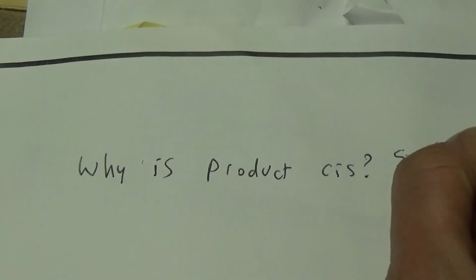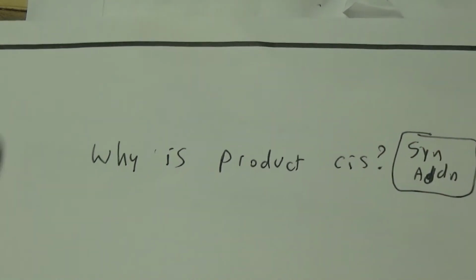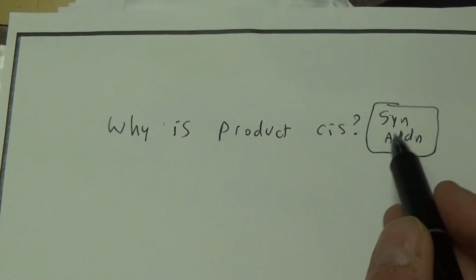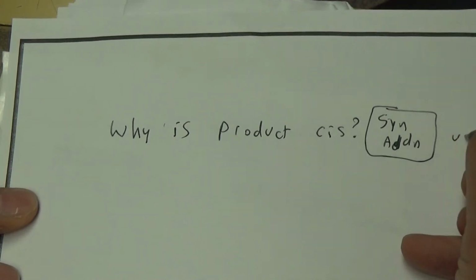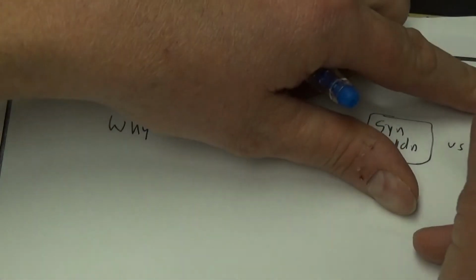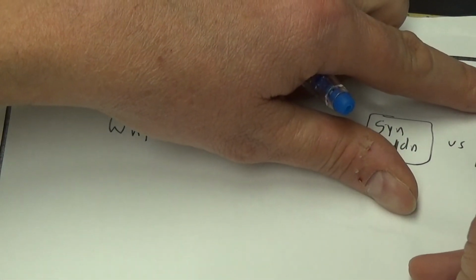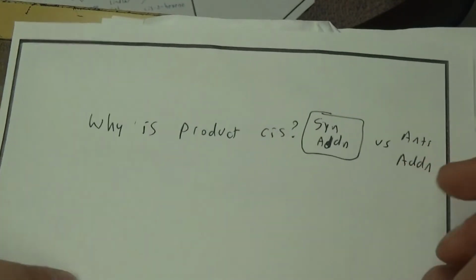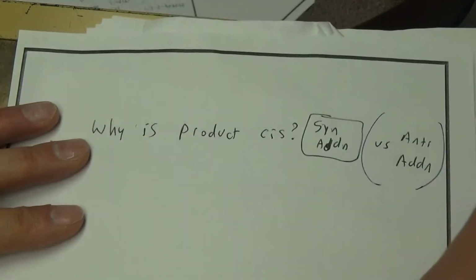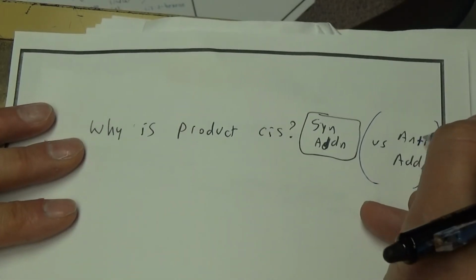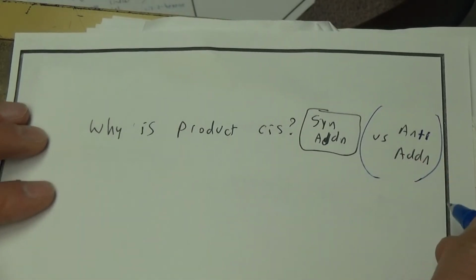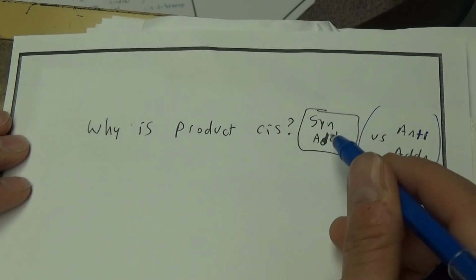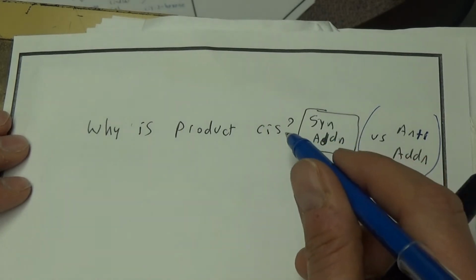If you remember chapter 12 with alkenes, there are 2 kinds of additions: syn addition versus anti-addition. It depends on where the things get added across the double bond. Syn addition basically means they're added on the same side, and of course when they're added on the same side it makes cis.